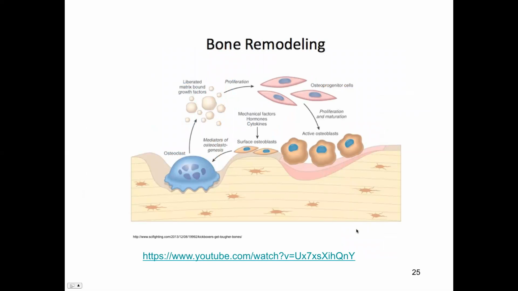So then we watched a little video on bone remodeling. I wanted to stress again that the bone is constantly doing its thing. It's breaking down and building and breaking down and building. There's this continuation between the osteoclasts breaking down. They give off growth factors, which cause the osteoprogenitor cells to proliferate, and the osteoblasts, as their progeny, end up building bone.